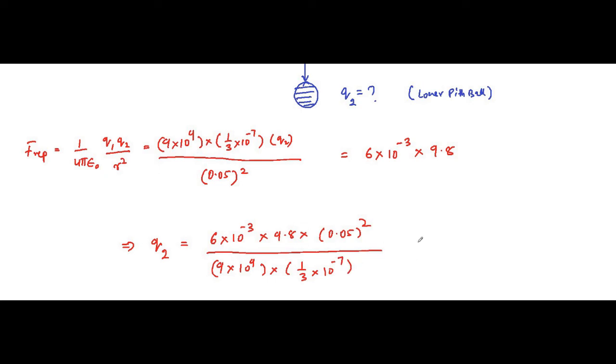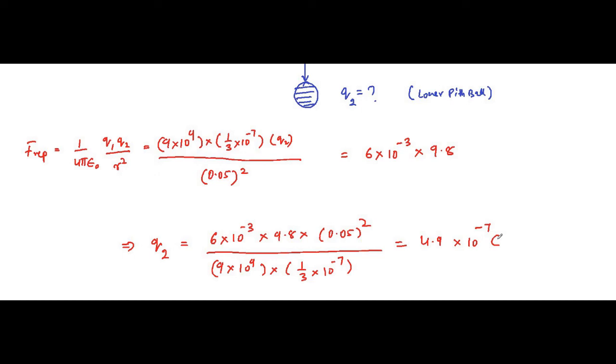If we calculate this, the value of Q2 comes around 4.9 into 10 to the power minus 7 Coulomb.